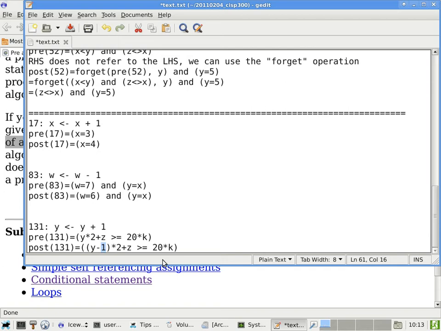It seems like it didn't do anything. Well, it certainly did something because I still maintain what I knew amongst these variables. And it is different. See, the postcondition is not the same as the precondition. It is off by a little bit.